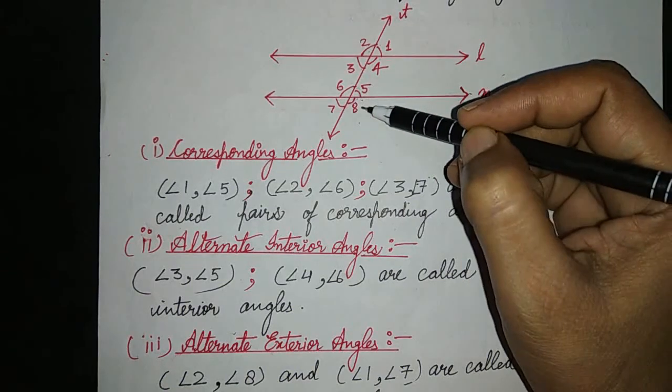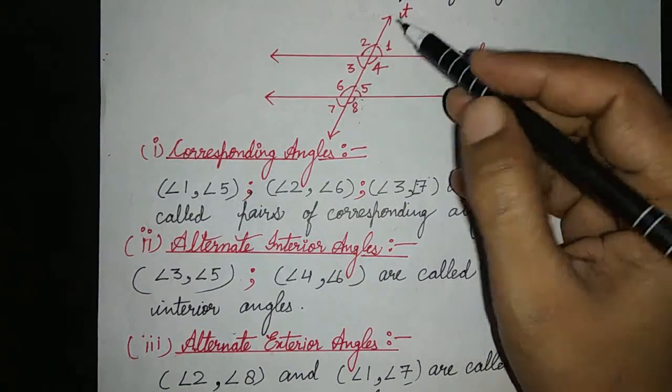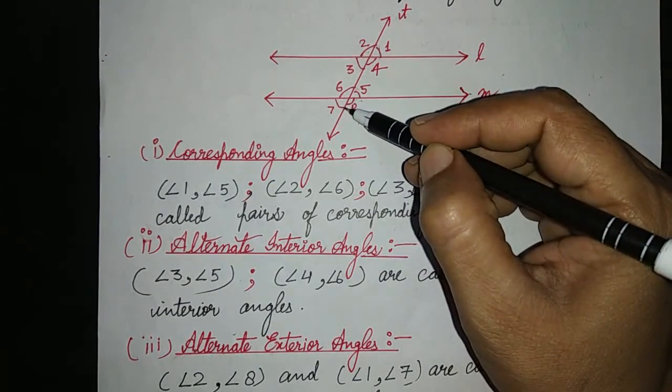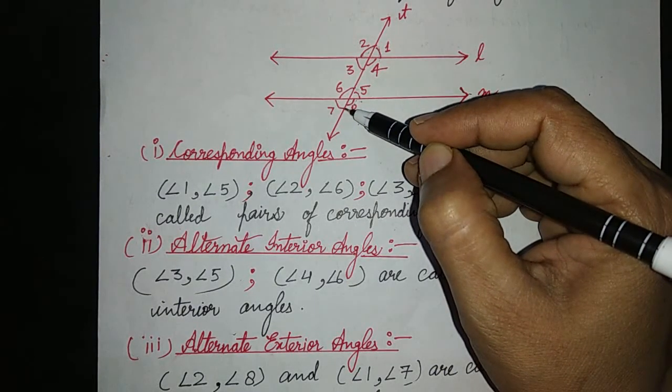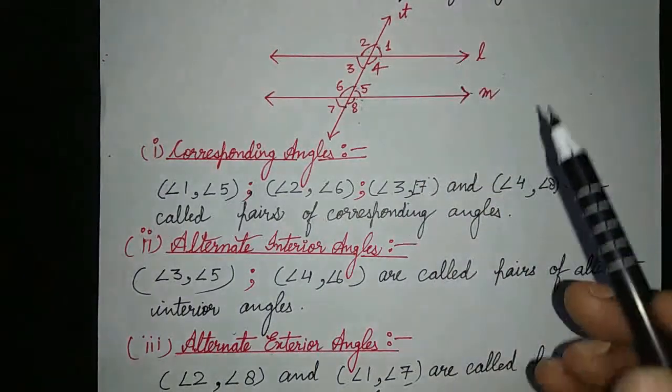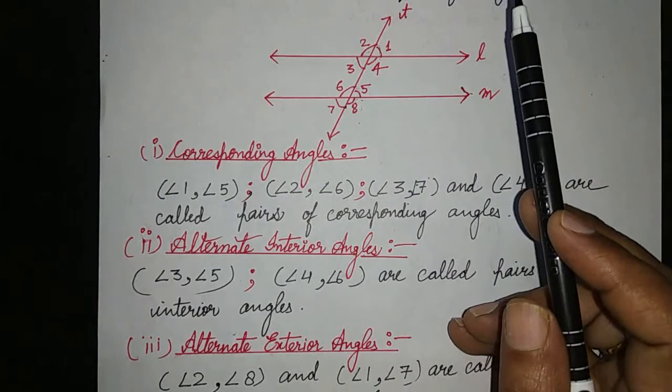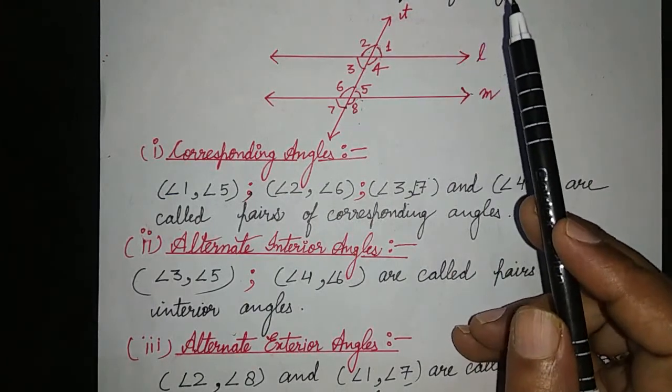And there is one more pair, that is angle 1 and angle 7. Okay, so here also you can see two pairs of alternate exterior angles.